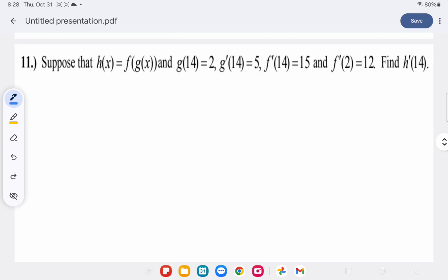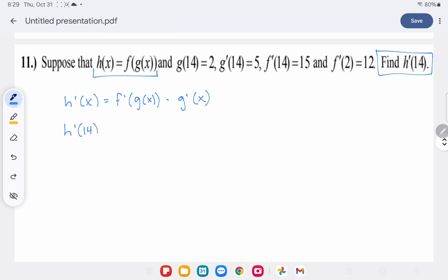All right, let's see. h of x is f of g of x, and we're looking for the derivative at 14. So first, let's find the derivative of h of x. So this is chain rule, because it's a composite function, we take the derivative of the outside times the derivative of the inside. And we're doing this when x is 14.